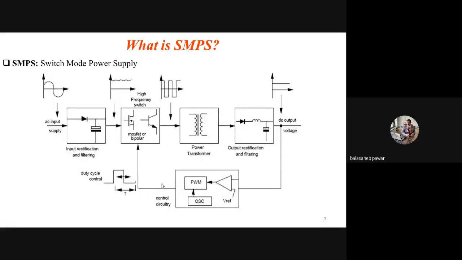For example, suppose the expected DC output voltage is 5 volts, and due to variation in either supply voltage or load current, it tries to go down to 4.5 volts instead of 5. That means the output voltage decreases by 0.5 volt.